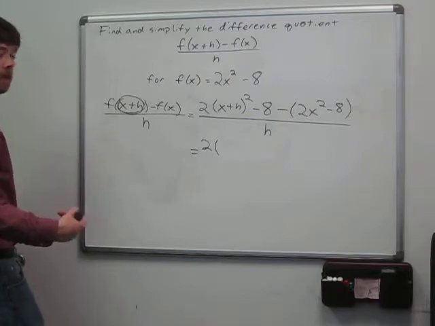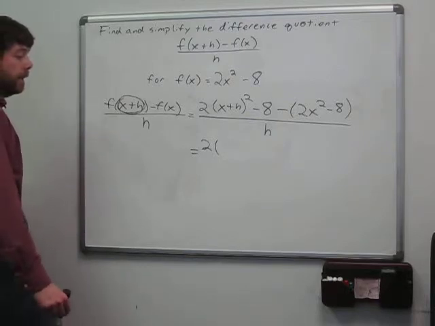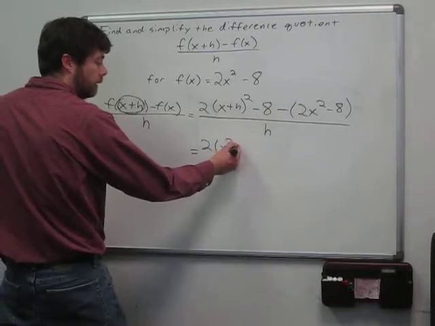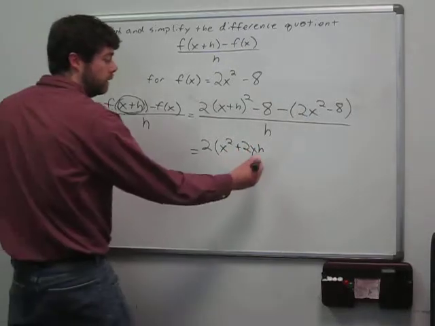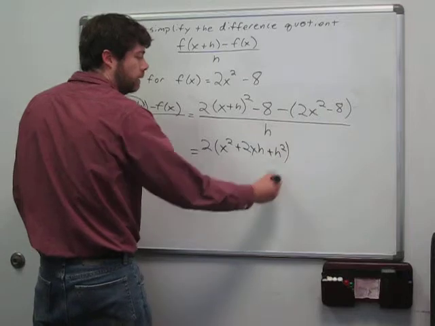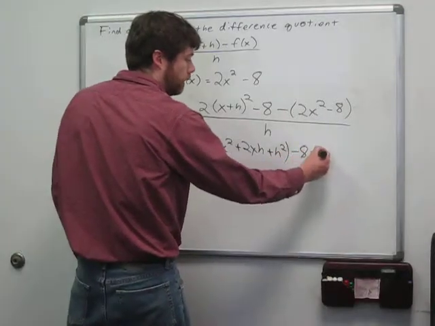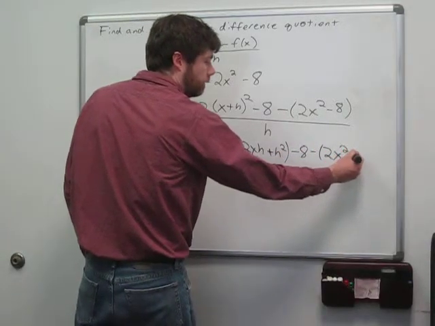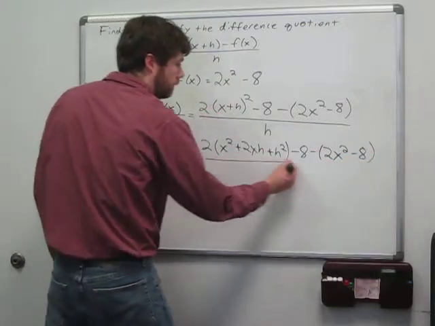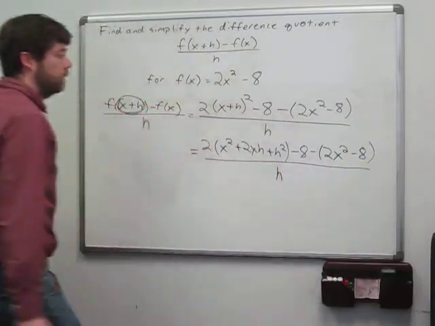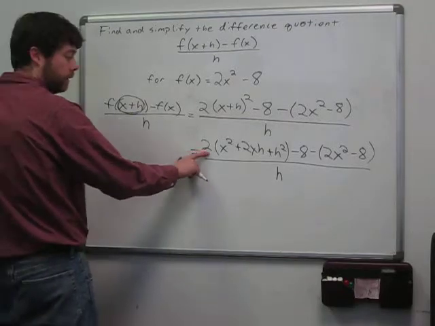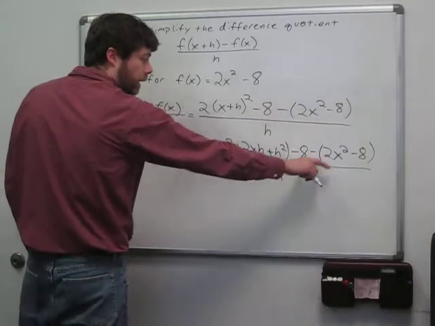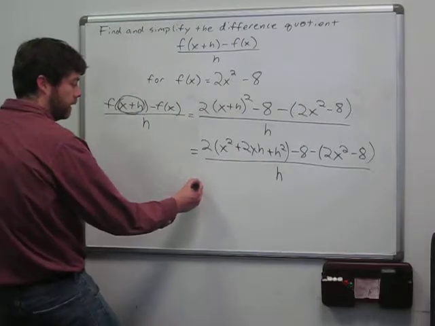And again, remember that's x plus h times x plus h. So when we distribute, we get x squared plus 2xh plus h squared. And I'll leave the rest alone for the moment. And then we'll go ahead and distribute the 2 over this expression and the negative 1 over that last expression.